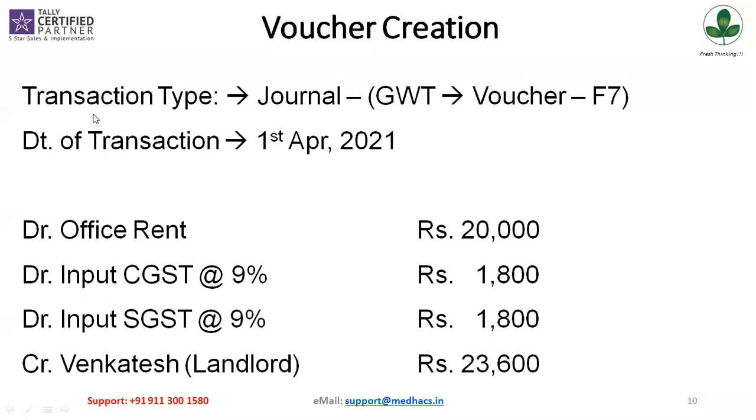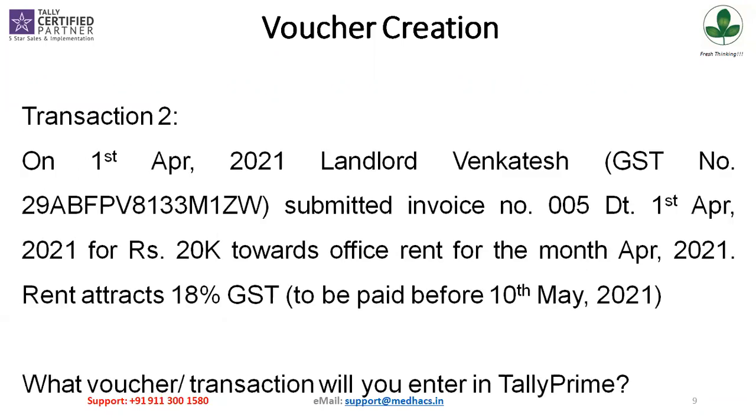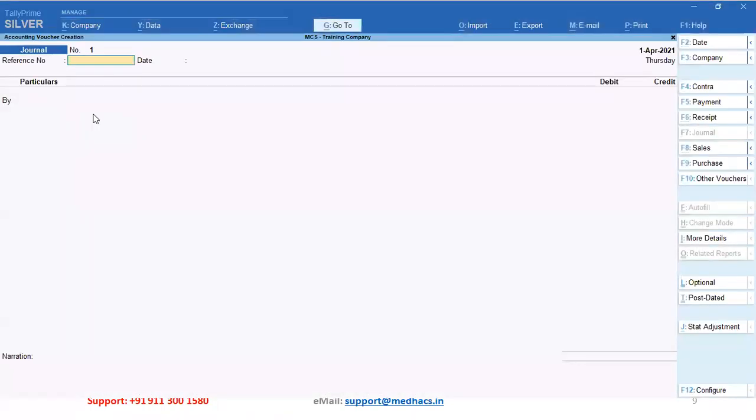Now you read the scenario once again. Landlord is Venkatesh. Bill invoice number is 005. Date of the invoice is 1st of April. The rent amount is 20,000 plus there is an 18% GST. The first thing is what has to be debited and what has to be credited.